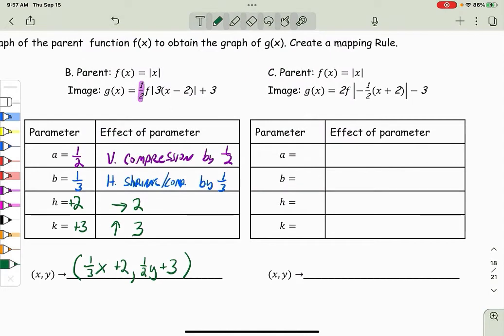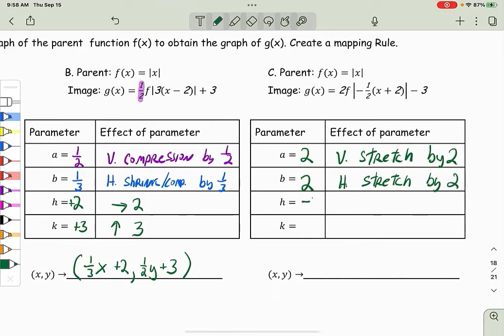So our a value equals 2, which is a vertical stretch by 2. Our b value is going to be also 2, which is going to be a horizontal stretch by 2. Our h value is a -2. So it's going to be a left shift by 2.